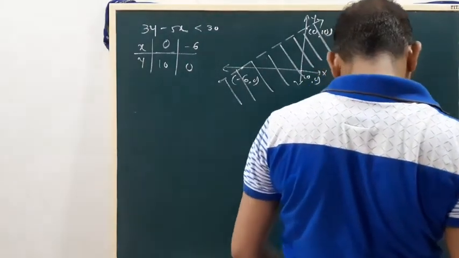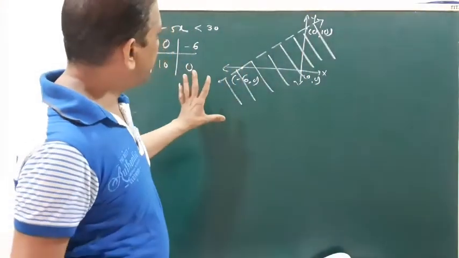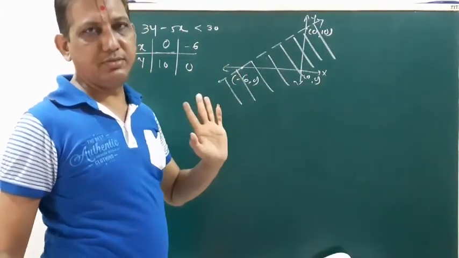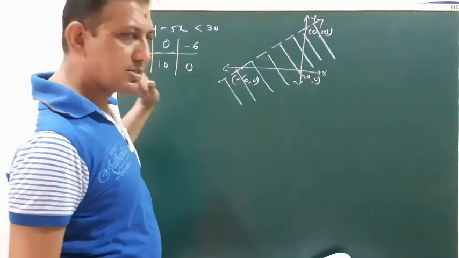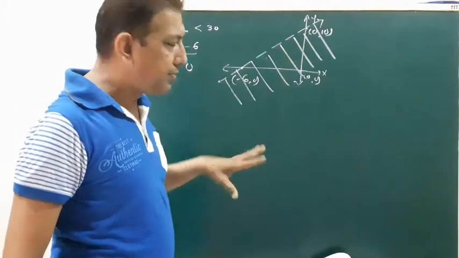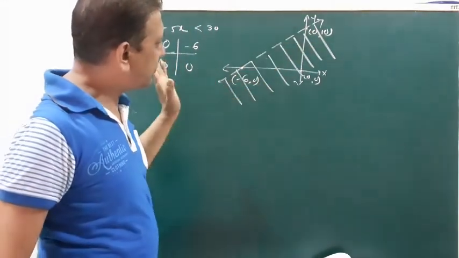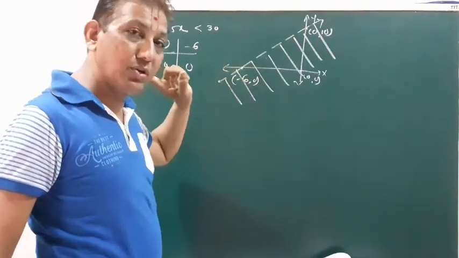Okay, now exactly the same graph, but two equations are given. In exercise 6.2, we discussed only one equation and drew only one line graph. Linear equation in two variables: first, we draw only one line.